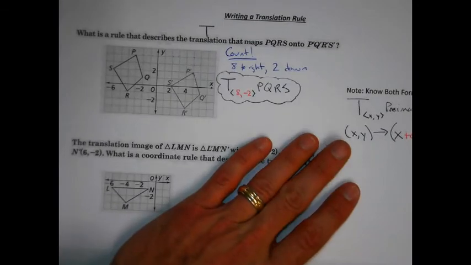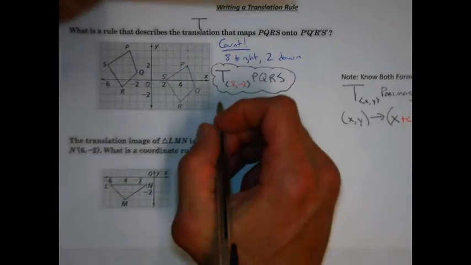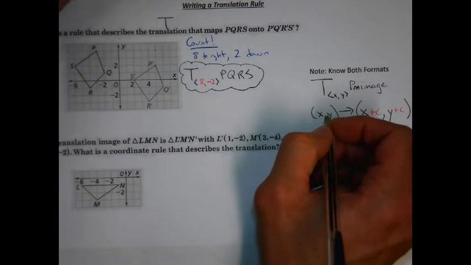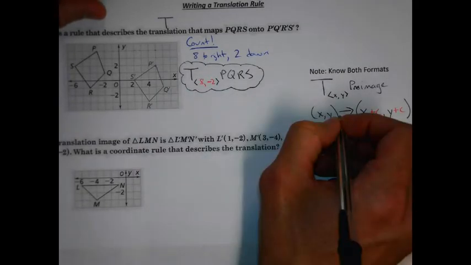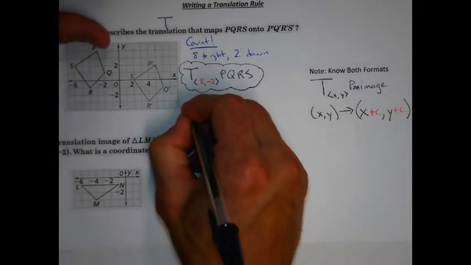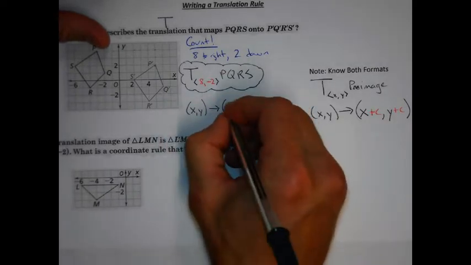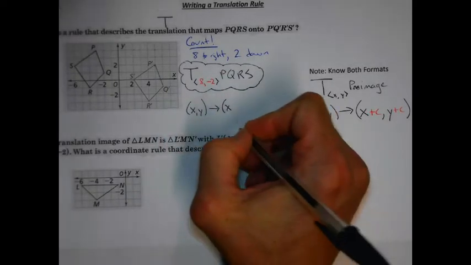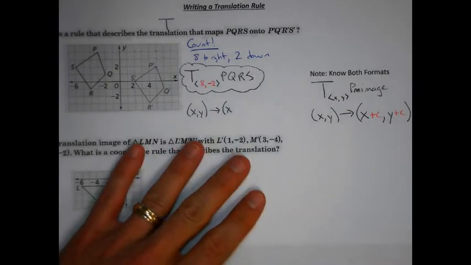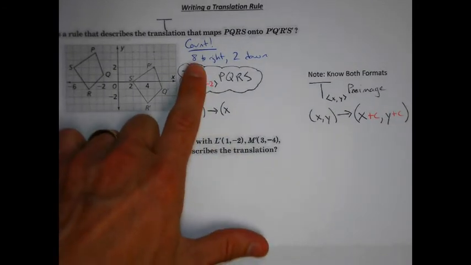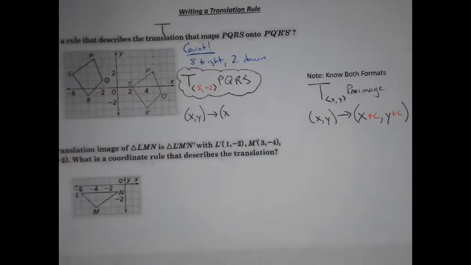The other way is arrow format. And arrow format is also simple if you understand what it's saying. So we have X, Y, and that's how we're going to start it. It's going to translate into X plus or minus something. We said 8 to the right. That means it's going positive 8.